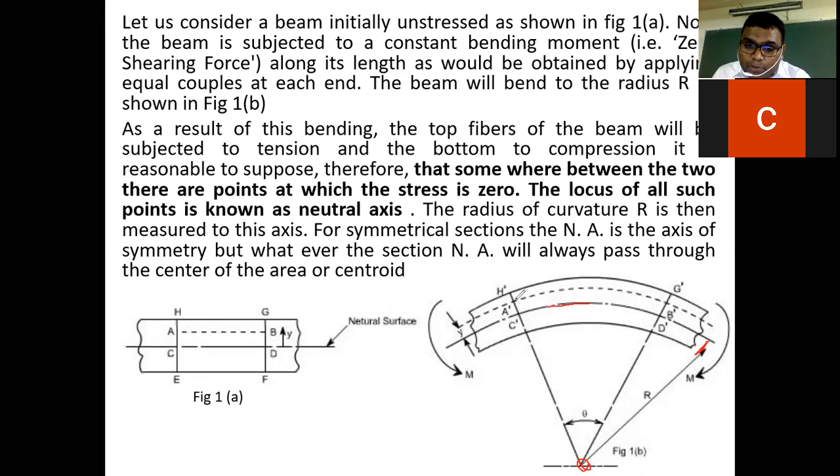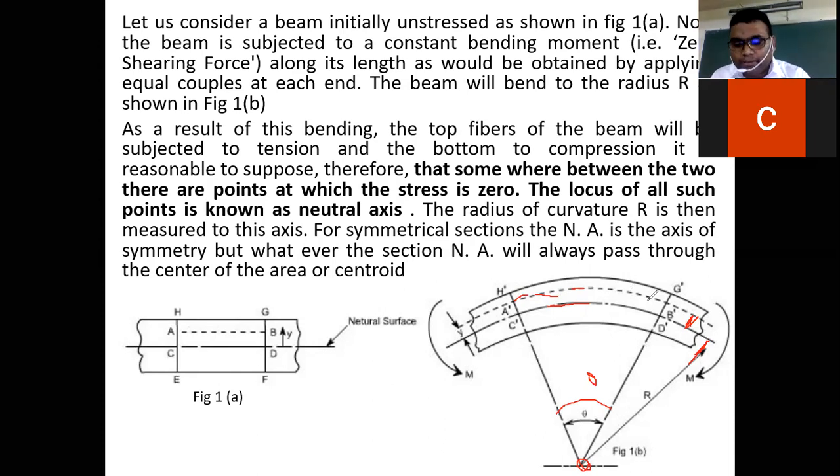So we are talking about the length of this. How can we find it if we know that this angle is theta, and this distance is r plus y, where this is y, as we already assumed. So r plus y into theta will give the length of this arc. You can find the length of an arc if you have the subtended angle and the length of the radius.